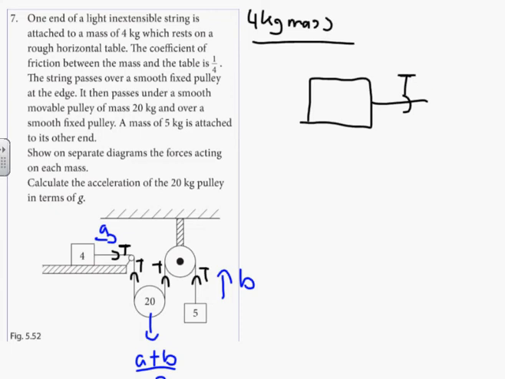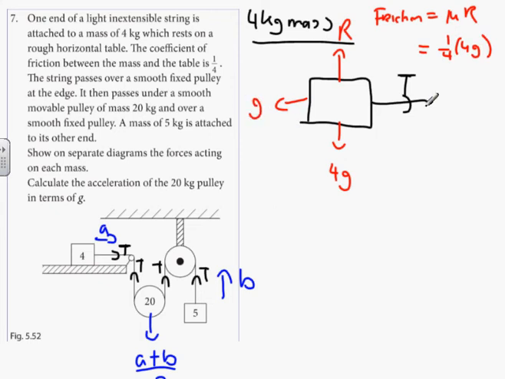What opposes this, guys? Friction. So friction equals mu R. R going up is the opposite of, anybody? What goes down? 4g. So it's going to be a quarter of 4g, which is g. G going to the left, so friction equals g, and R going upwards. Okay, that's the 4 kilogram mass drawn.